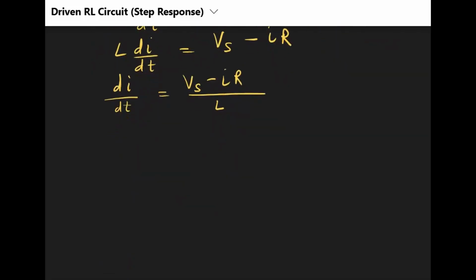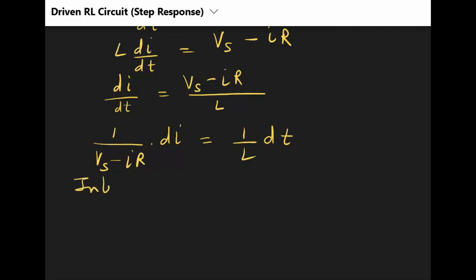To proceed further, we have to separate the variables, so i on the left hand side and t on the right hand side. So it will be 1 upon (Vs minus iR) di equals 1 by L dt. Now what we have to do? Integrate both the sides.